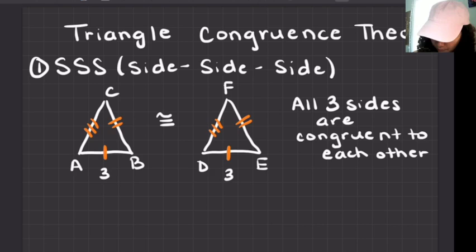Let's say EF is 4, then BC would have to be 4. DF is 5, then AC would also have to be 5, okay? So each of these sides is congruent to the other in the triangle, okay? So you're talking about 2 different triangles. That's the first one, side, side, side.